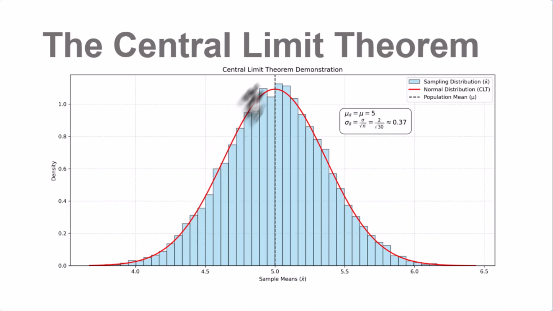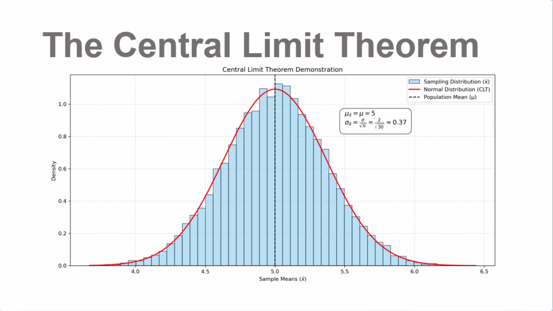So we have this nice bell-shaped histogram with a peak in the middle, and then there's a red normal distribution line superimposed here, this solid red line going along the edge of the histogram. This is the normal distribution overlaid with these parameters, where the mean of this normal distribution is 5, and the standard deviation is calculated using that formula we saw on the previous slide, sigma divided by root n.